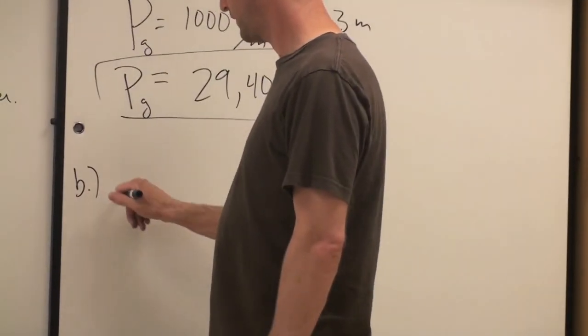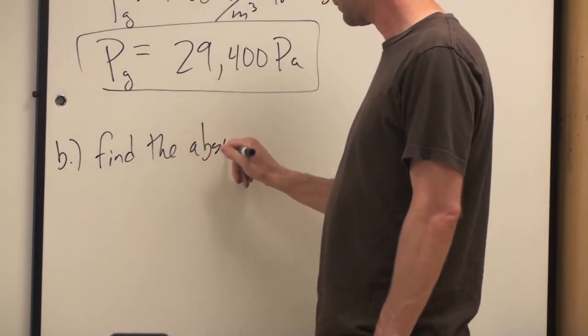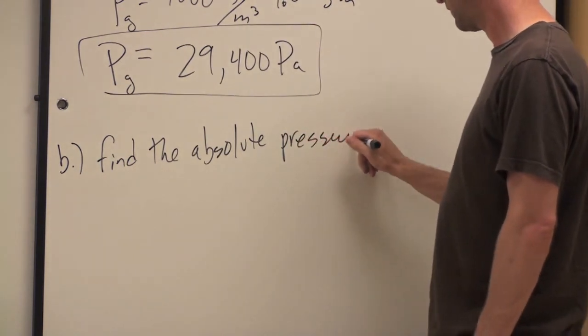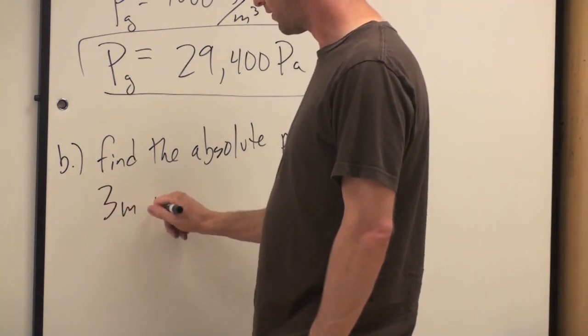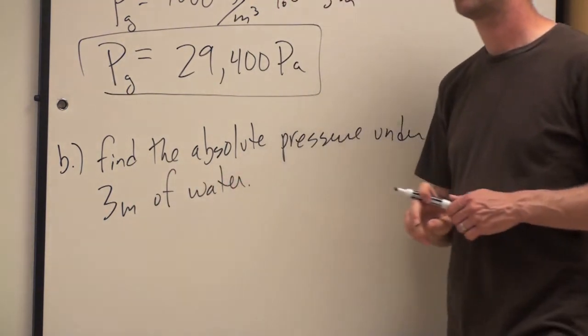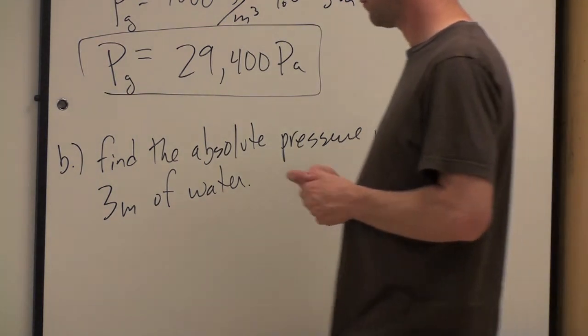Part B. Can we find the absolute pressure under 3 meters of water? What would that be? You just add.